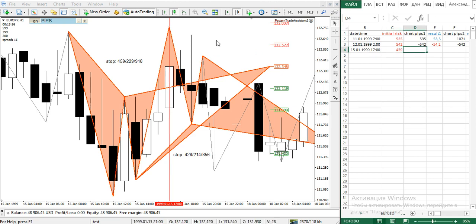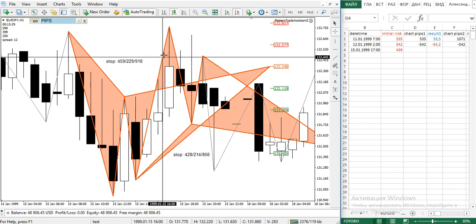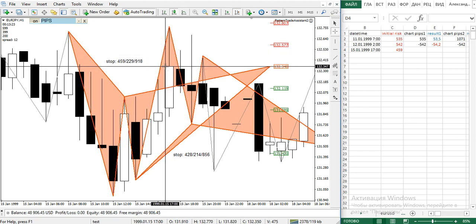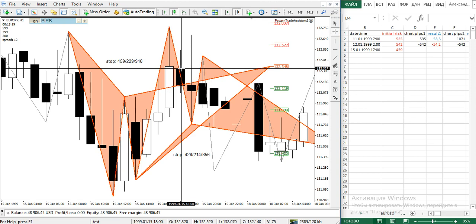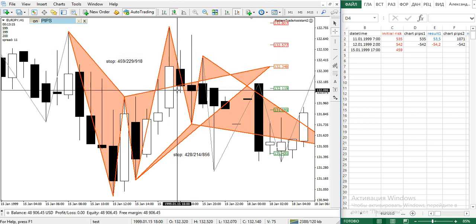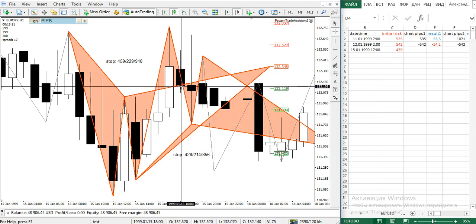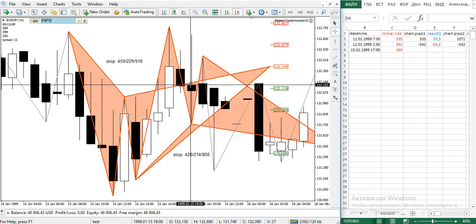Okay, so what happens next is this. Price goes to the upside, all the way to the upside. It does not hit the stop loss, and then it goes to the downside, closes here. Then we open here, we go to the upside, and then we go to the downside, and look at this, we hit our half position, and then we open here, and then we go to the upside.